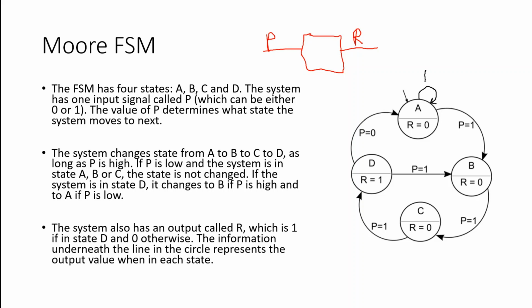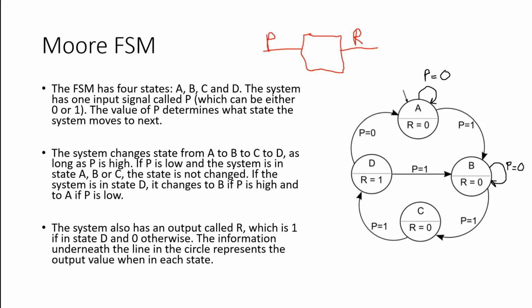I'm just going to stay in that state. In other words, this state transitions back to itself. Likewise, when I'm in state B, if P is equal to 0, I'm just going to stay in that state. So we see here that only when P is equal to 1 in states A, B, C, as well as D, is some transition triggered.